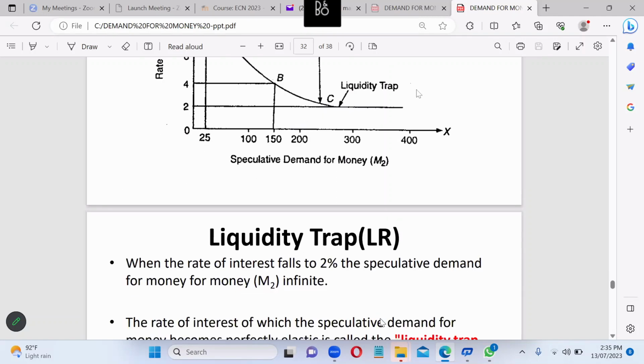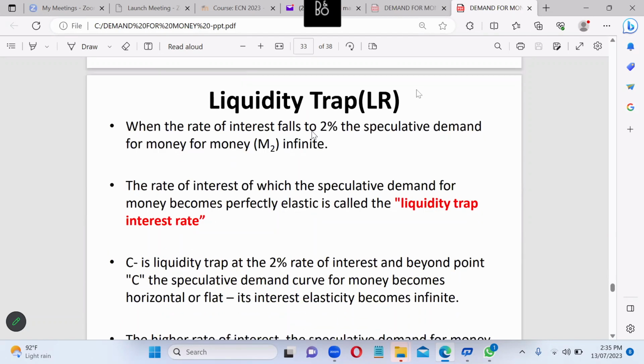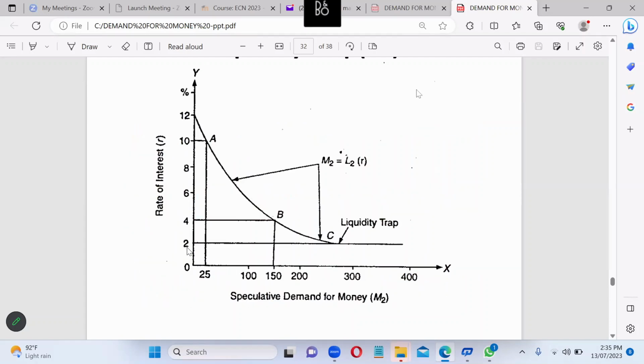What if the rate of interest falls to 2%? The speculative demand for money becomes infinity. Here, at the point C, once the interest rate is low, money held is not changed afterwards. It goes like a straight line after C. That's the point: the liquidity trap.